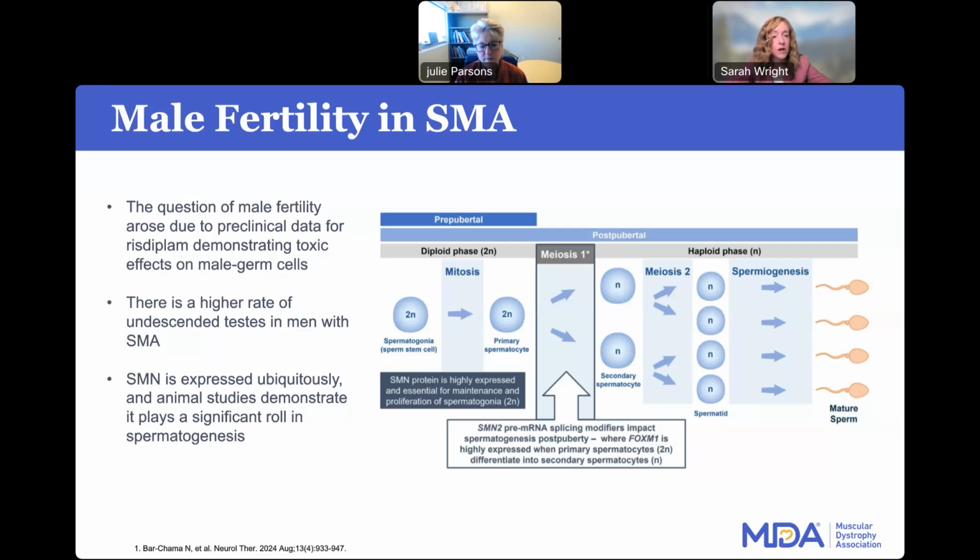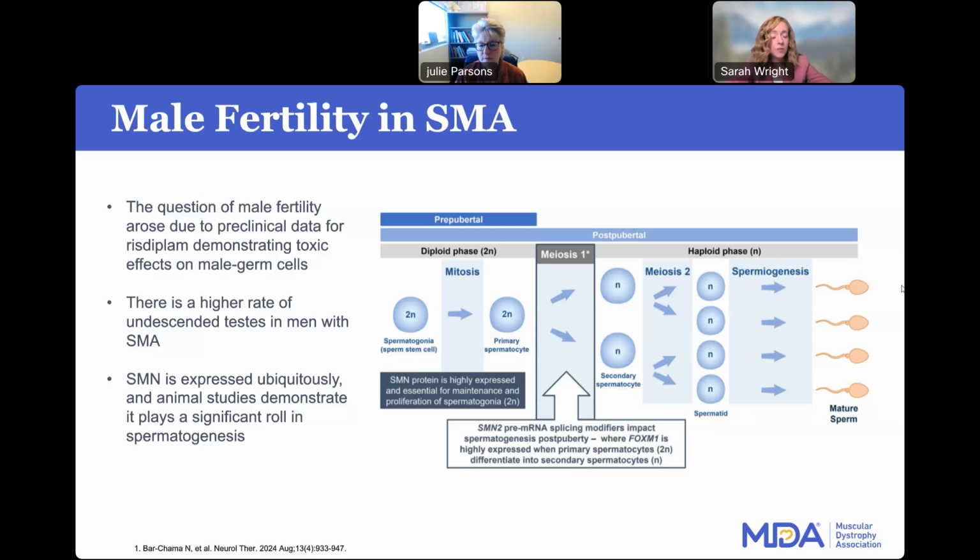There is a urologist, Dr. Barchama, who did a really wonderful study looking at where in the sperm cycle the sperm is potentially affected. He was able to show that the SMN protein, which is expressed ubiquitously throughout the body, is also really important in the testes, for the maintenance and proliferation of spermatogonia, and is involved in the mitosis phase, which is the prepubertal phase.